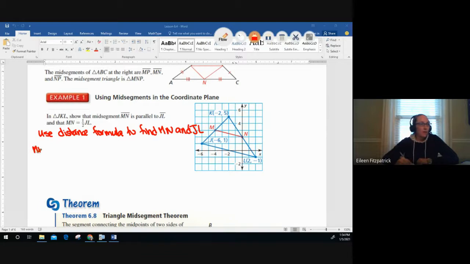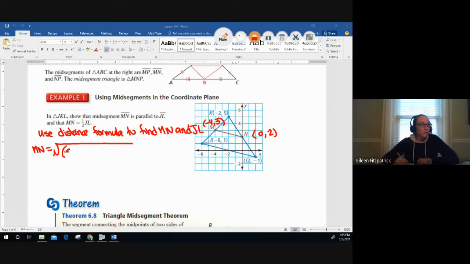So for MN, we are going to want to know the coordinates. The coordinate of N is (0, 2). The coordinate of M, it looks like we have to go over 4 and then up 1, 2, 3, so (-4, 3) would be M. The distance formula is the difference of the x's squared plus the difference of the y's squared, all under a square root.